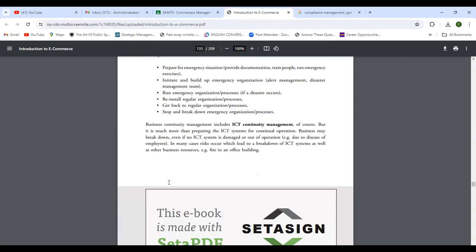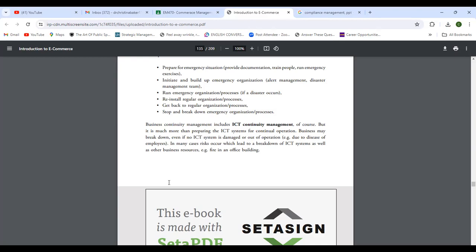Then we reinstall the regular organization processes, get back to regular organization processes, and stop and break down the emergency organization and processes. So business continuity management includes ICT continuity management, of course, but it involves more than preparing the ICT systems for continued operation.